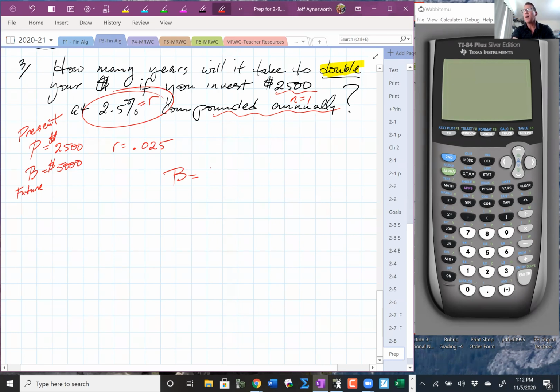Can anybody just bust that out off of memory? Very good, Mia. B is equal to P times 1 plus R divided by N, raised to the NT power. This is your compound interest formula.